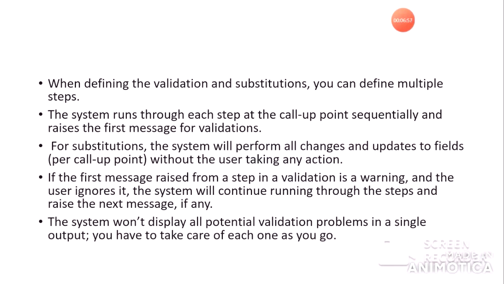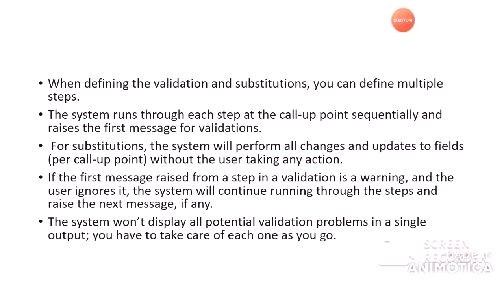So when defining the validations and substitutions, you can define multiple steps. The system runs through each step at the call point sequentially and raises the first message for validations. For substitutions, the system will perform all changes and updates to fields per call-up point without the user taking any action.